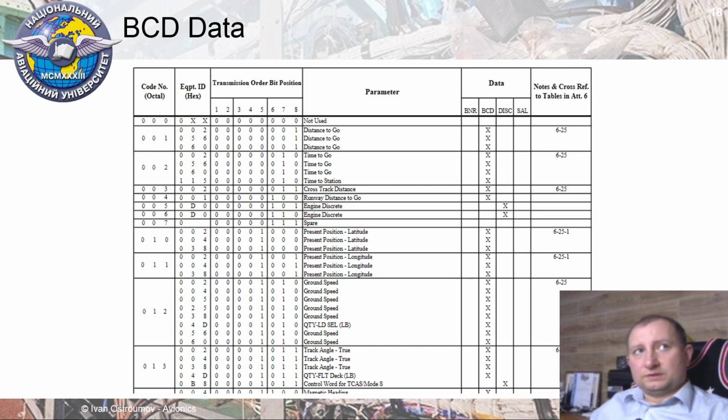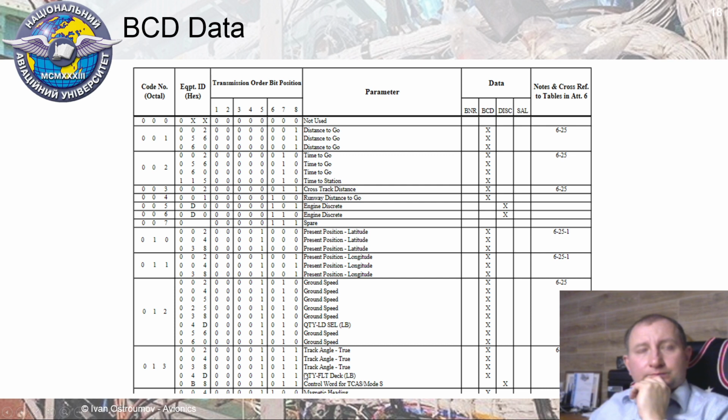As an example of coding, you can see here that in some attachment to ARINC 429 we have a parameter value, we have the equipment code which generates this data, and we have a label.